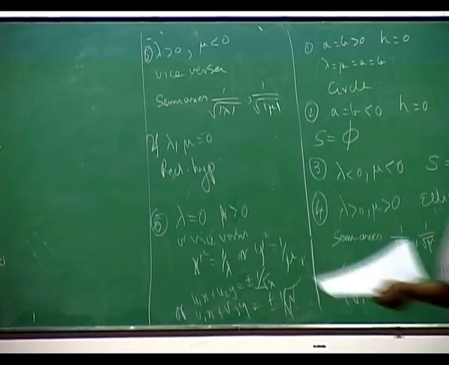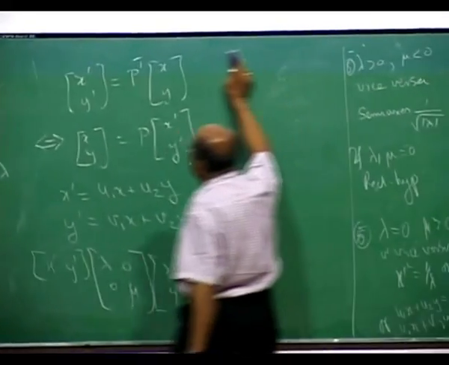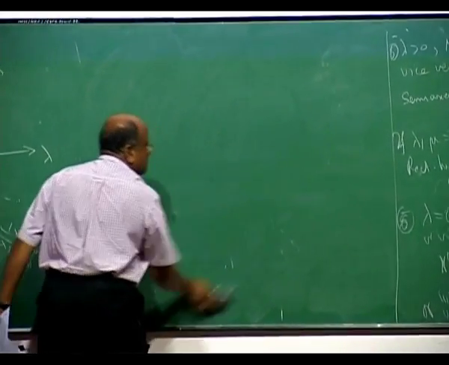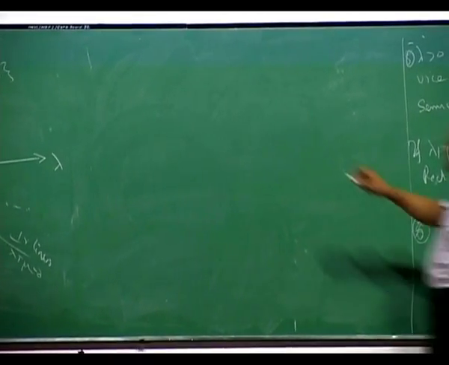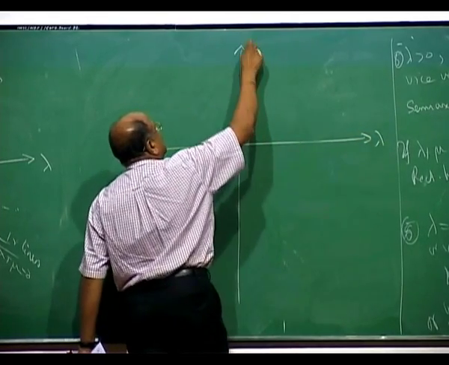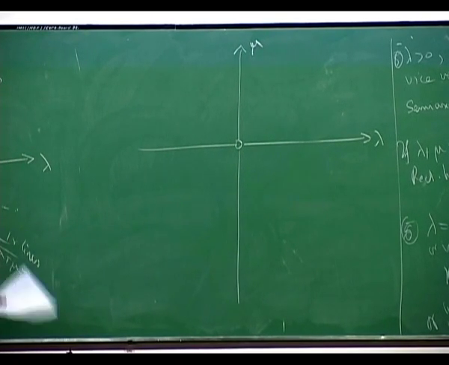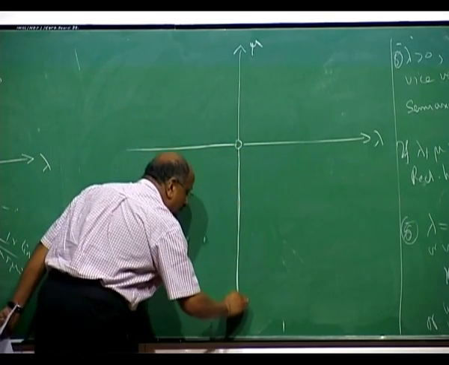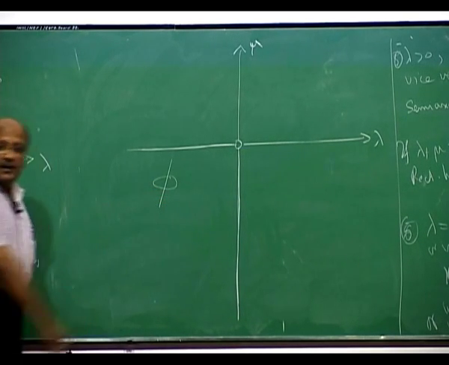So again, let us summarize it in a diagram. This is lambda, this is mu. I avoid the origin. Now if lambda is less than or equal to 0 and mu is also less than or equal to 0, including that, then nothing comes out of it.